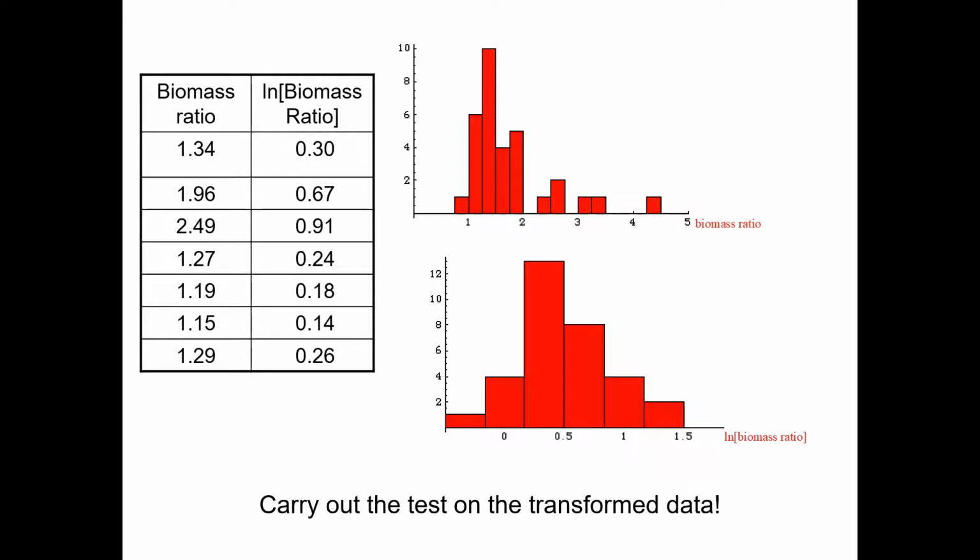Now back to the biomass ratio example we used in previous slides. The histogram on the top shows the right skewed distribution of the original data. After we do the log transformation, the distribution becomes approximately a normal distribution, which is the histogram at the bottom.